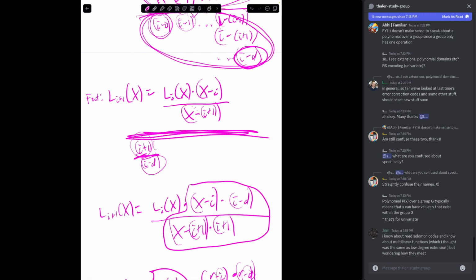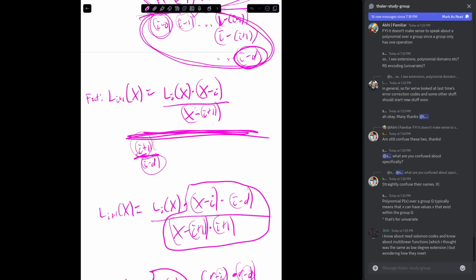I'd like to ask a question, please, about division. We can always divide one polynomial by another if there is no remainder, and we cannot divide by 0 even in the field.